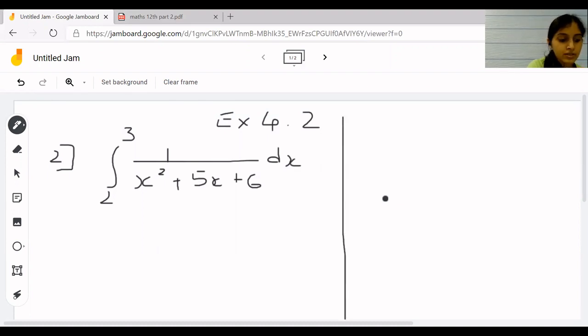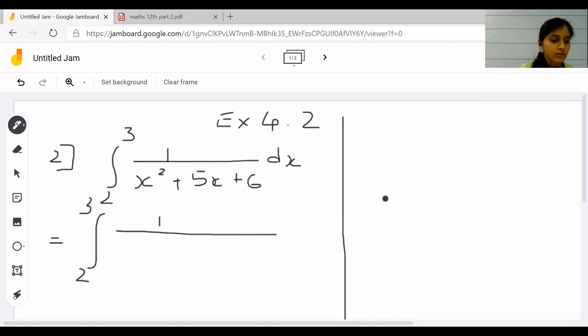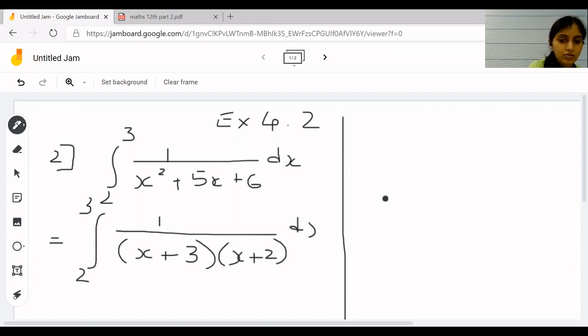Basically, we'll start with the solution of the integration first, that is the quadratic that we have. So let us begin with finding the factors of the same. This will be x plus 3 and x plus 2. Now, how do we get the integration value of the same?